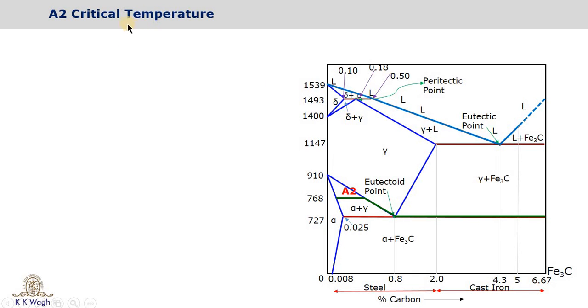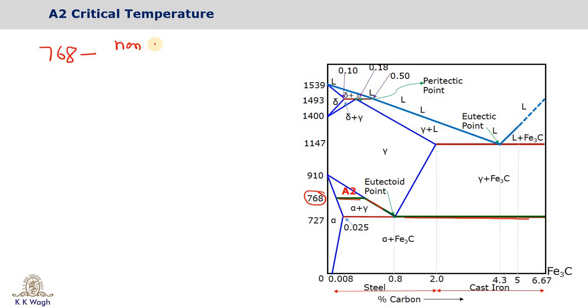Then moving to the next temperature, it is the A2 critical temperature. A2 critical temperature is at 768 degrees Celsius. Again, it is represented by this green line. You can observe this. So we know what happens at 768.